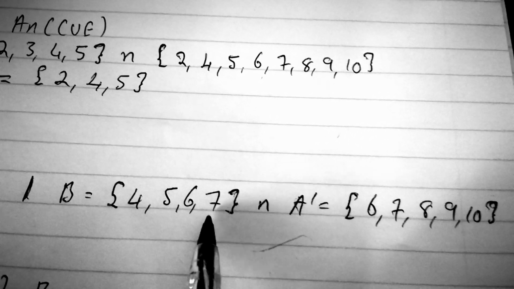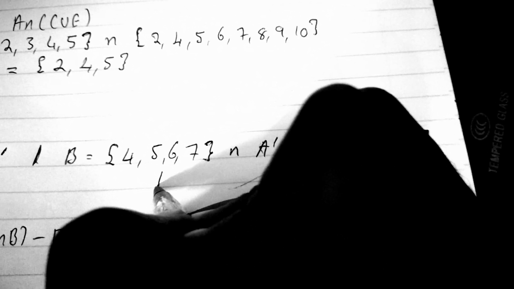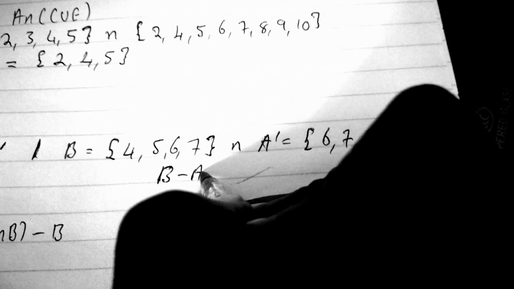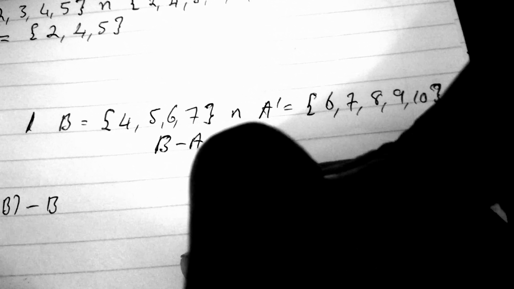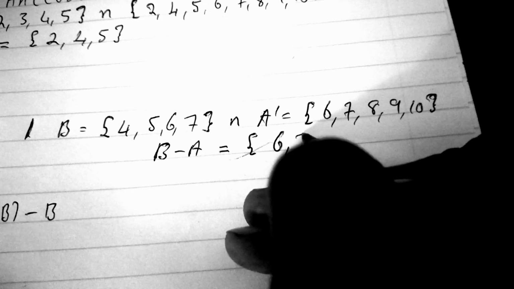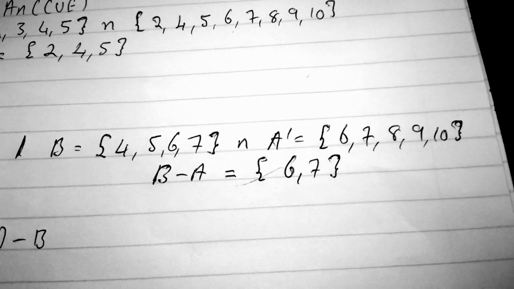Only 6 and 7 are shared by the two sets. So my B minus A, or B intersection A complement, is 6 and 7. We are done with the question. Even put them in braces.